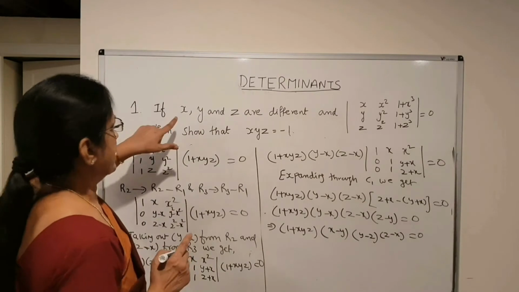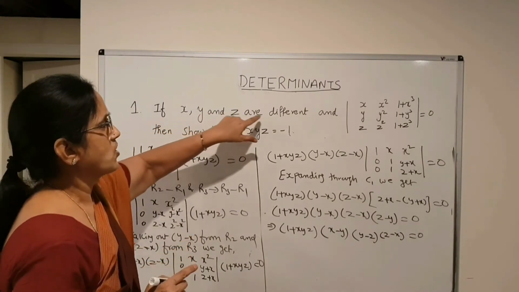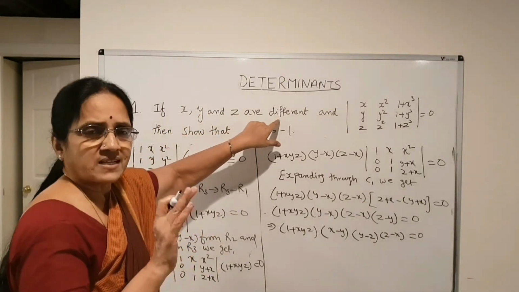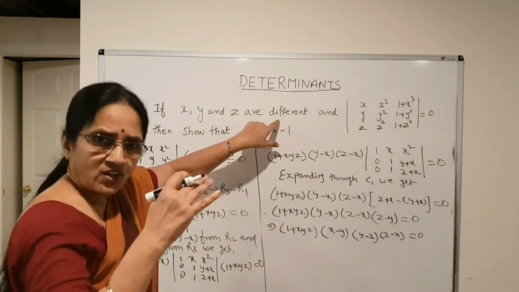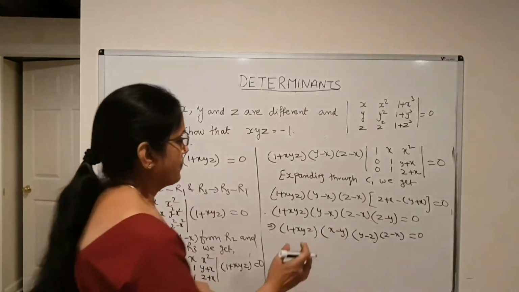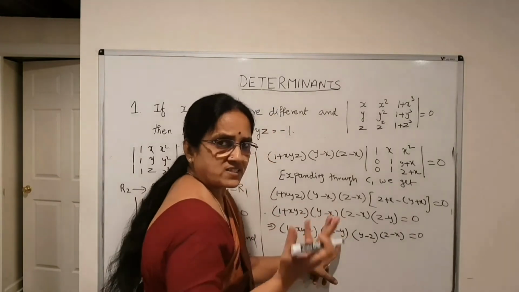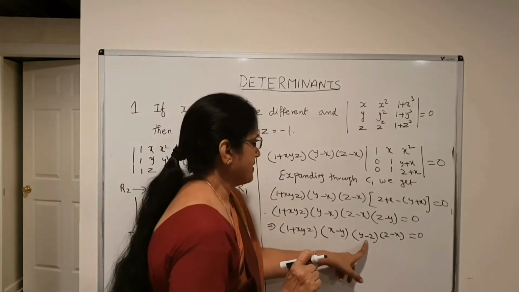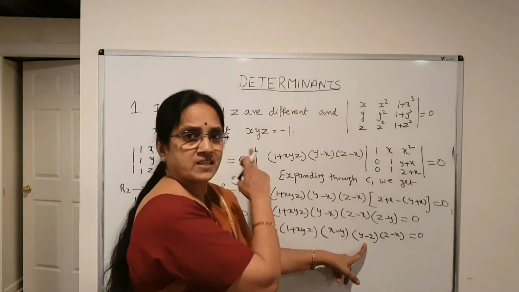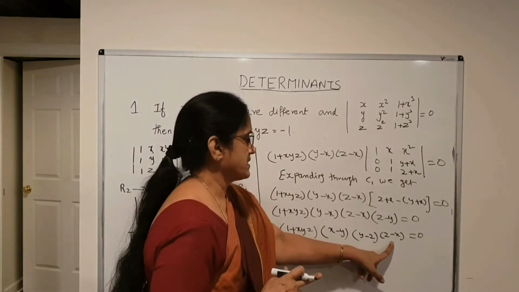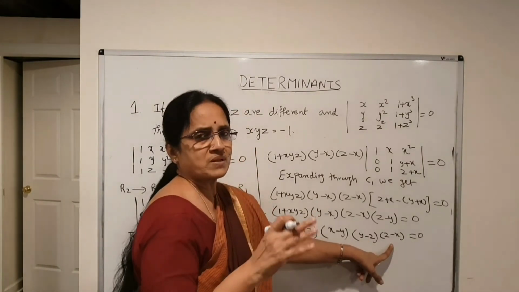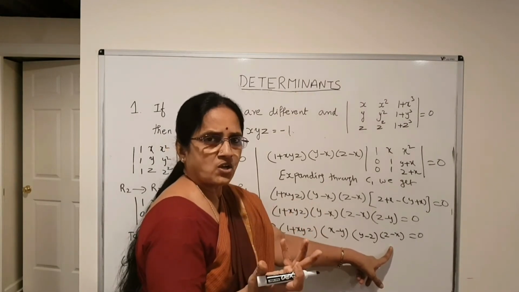But what is given here? x, y and z are all different. That means x is not equal to y and not equal to z. So, if I equate this to 0, x and y will be equal. So, that is not possible. Here, y will not be equal to z as per the given condition. Same is the case with z minus x equal to 0 implies z equal to x. Even that is not possible.